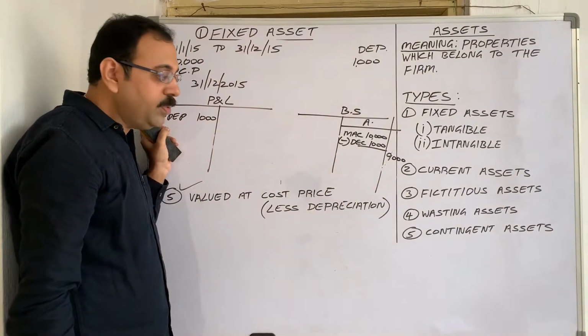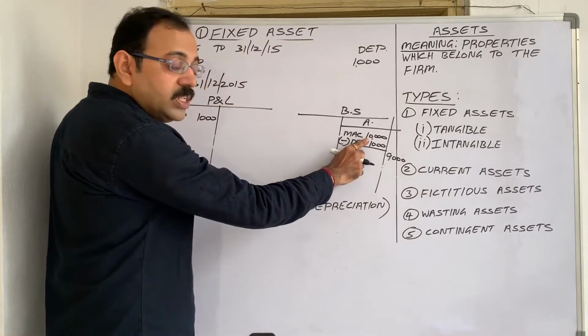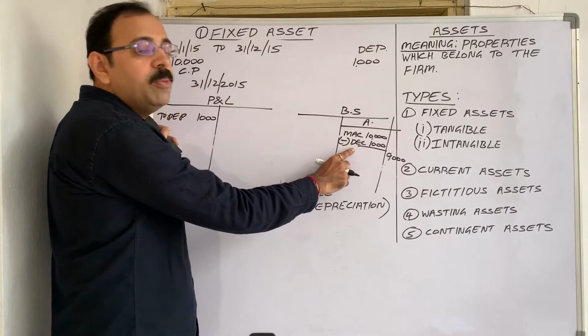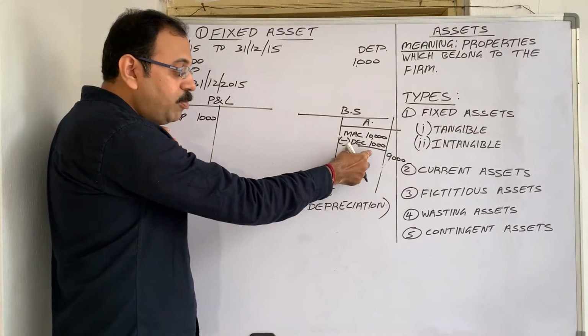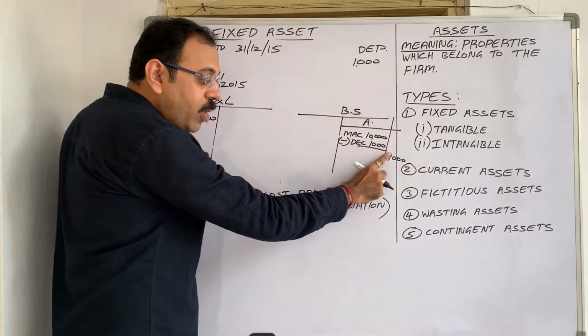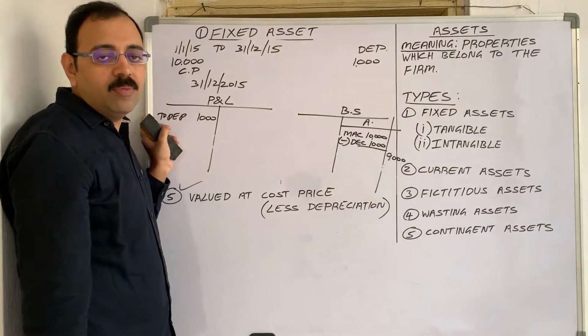If you observe, I am considering the cost price of the asset. If there is any depreciation, I deduct that depreciation from the cost price, and the remaining value I show in the outer column.